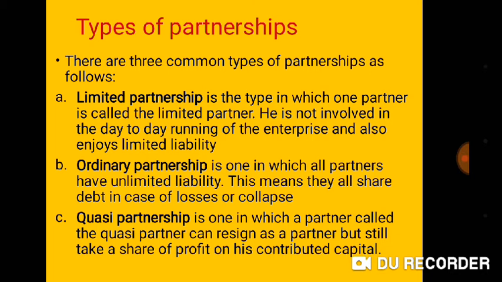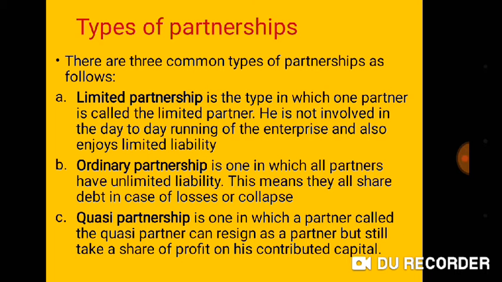So in the case of bankruptcy or disaster or collapse of the business, these partners are supposed to pay for the debt according to the way their contributions are. So ordinary partnership is one in which all the partners have unlimited liability.